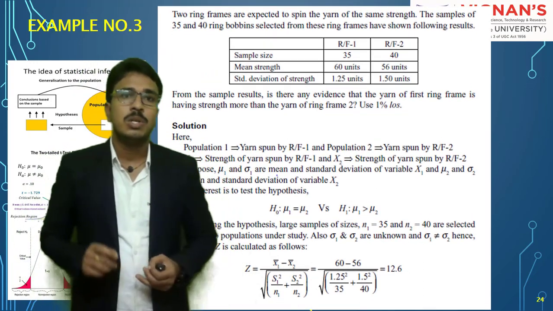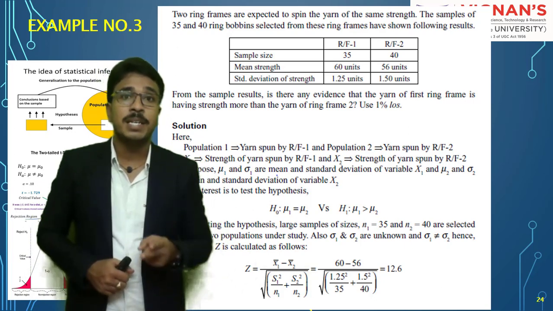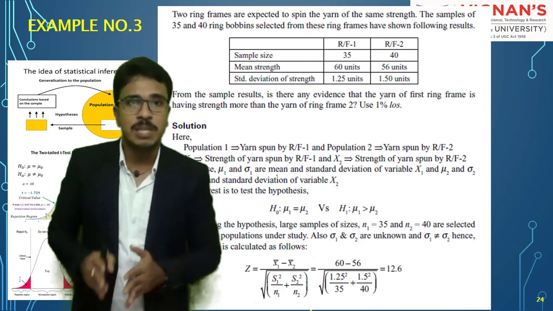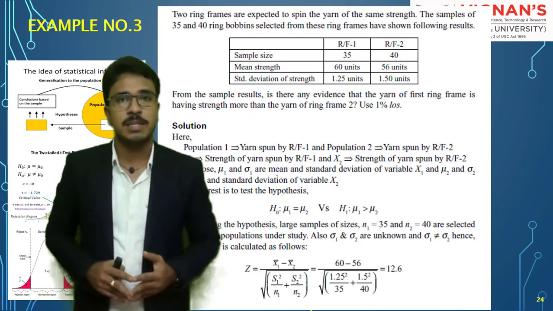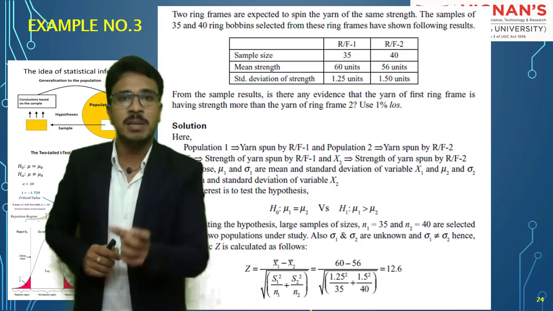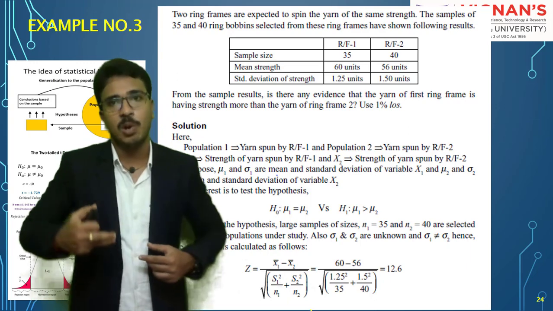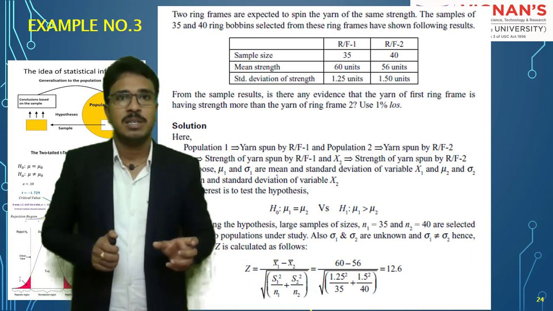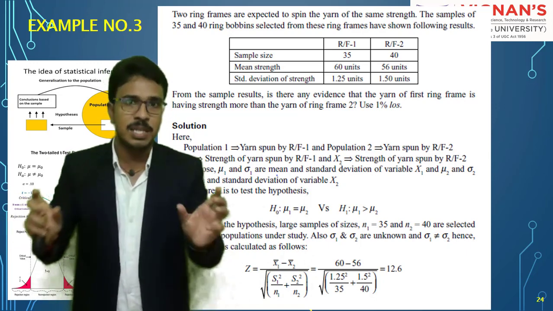Two ring frames are expected to spin yarn of the same strength. Samples of 35 and 40 ring bobbins selected from these ring frames have shown the following results.